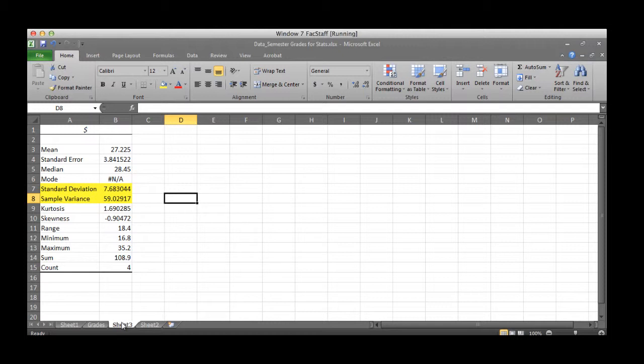The mode's not available. Kurtosis and skewness. These 2 are measures that have to do with the normality of the data set, how normal it is. Don't worry about that. The range is simply the maximum minus the minimum, and the maximum and minimum are there. Sum is the sum, and count is the sample size, 4.